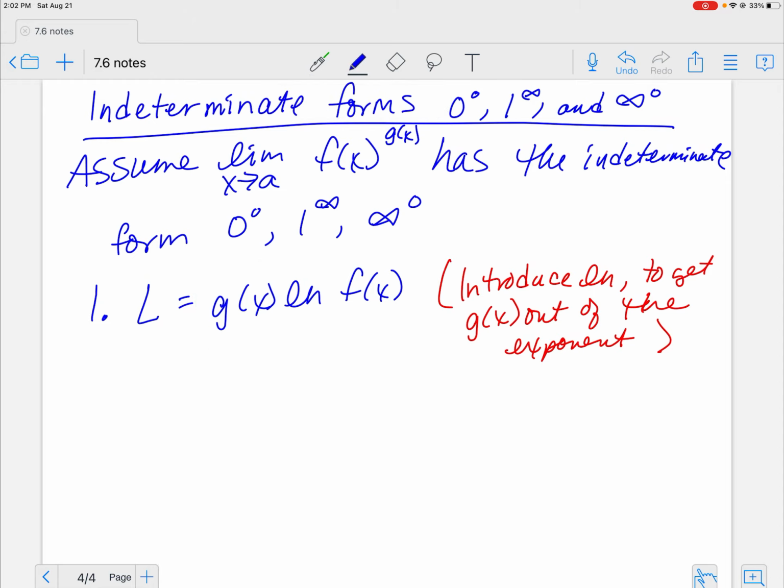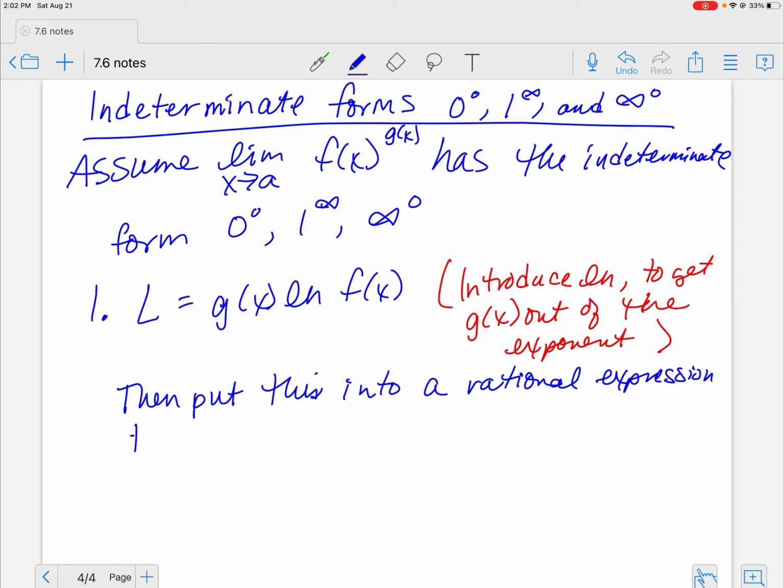All right, then we're going to go back to the example, kind of like what we did previously. Then put this into a rational expression to use L'Hopital to get my 0 over 0 or that infinity over infinity situation.